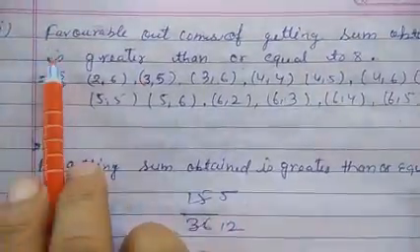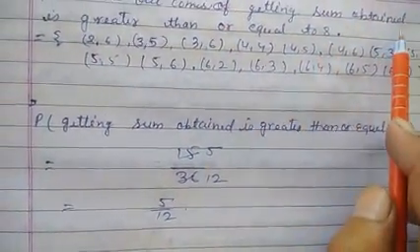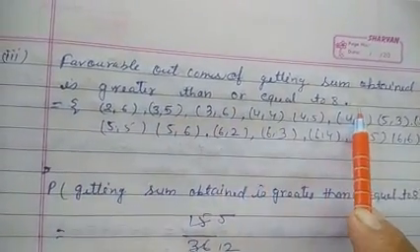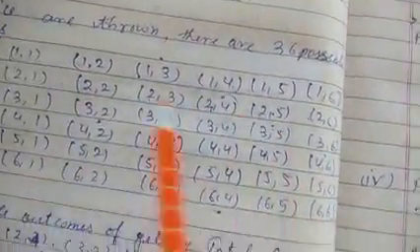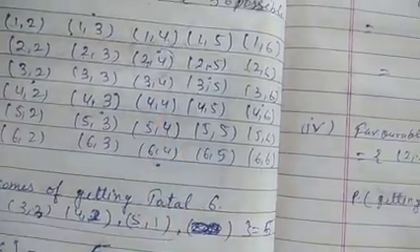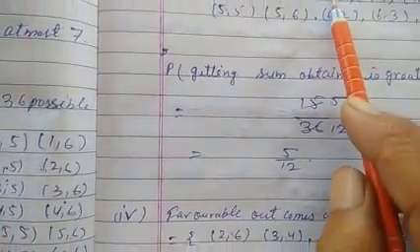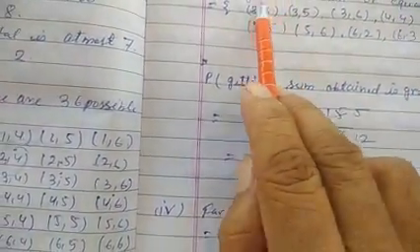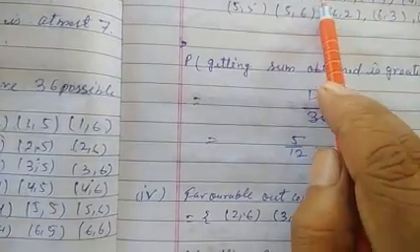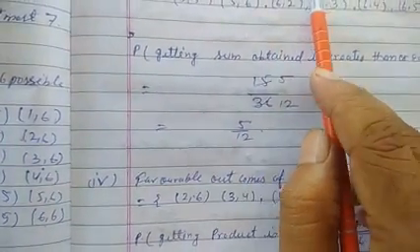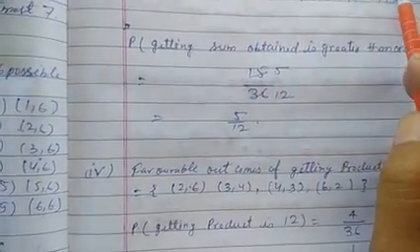So see, the favorable outcomes of getting a sum greater than or equal to 8. Just observe all the things and find it by yourself. The sum is 8: so 2 plus 6, 3 plus 5. Greater than or equal to means 3 plus 6 is 9, which is more than 8, so it is also included. 4 plus 4 is 8, 4 plus 5, 4 plus 6.